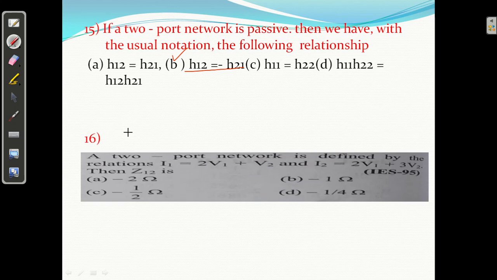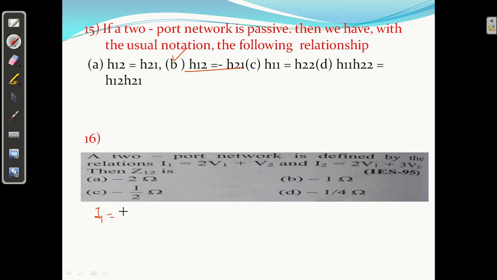Okay. Question number 16. If the two-port network is defined by the relation I1 equal to this, I2 equal to this, then Z12 is, okay. ये जो दो इक्वेशन दिए हैं, I1 equal to what?